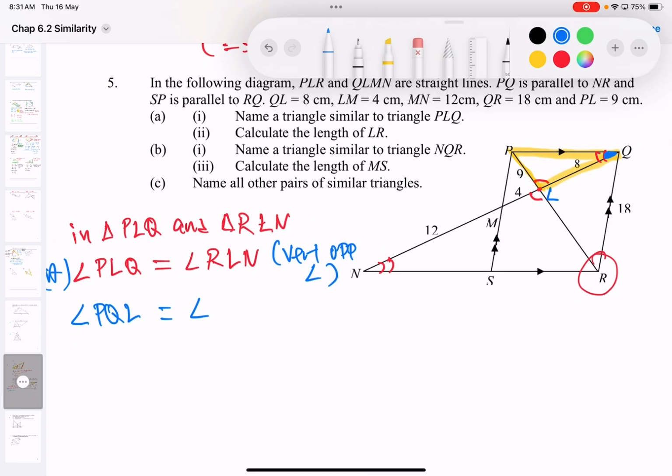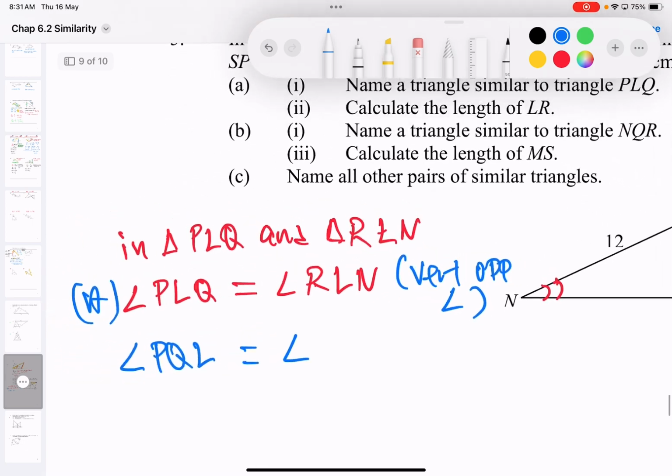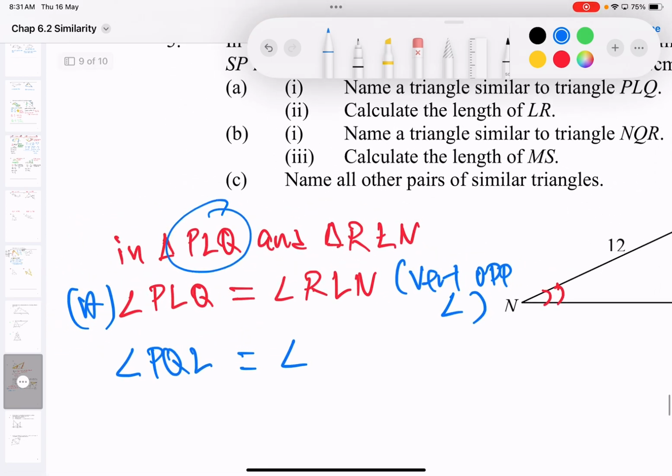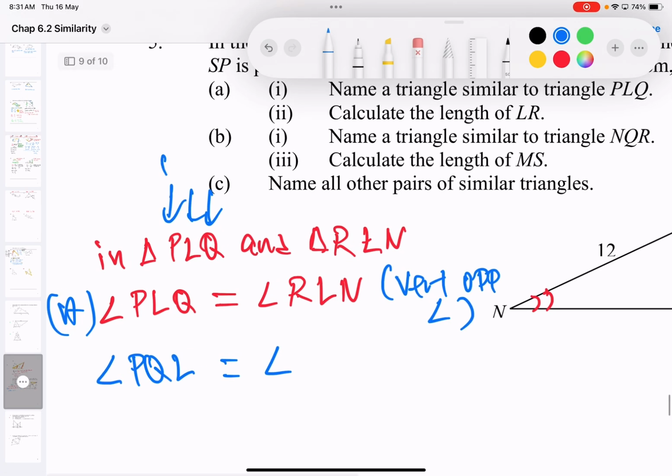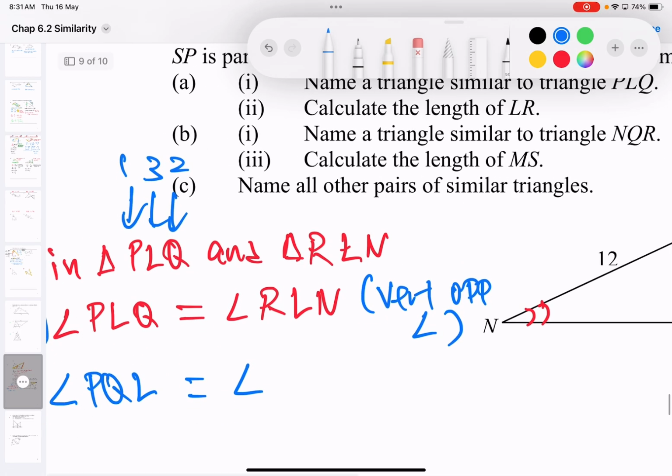PQL is equals to, how should I reference it? I give you a clue. I told you before, you can actually look at the pattern here. So if you see it's P, Q, and then R, so this is number 1, number 2, and number 3. How should you reference the other angle?